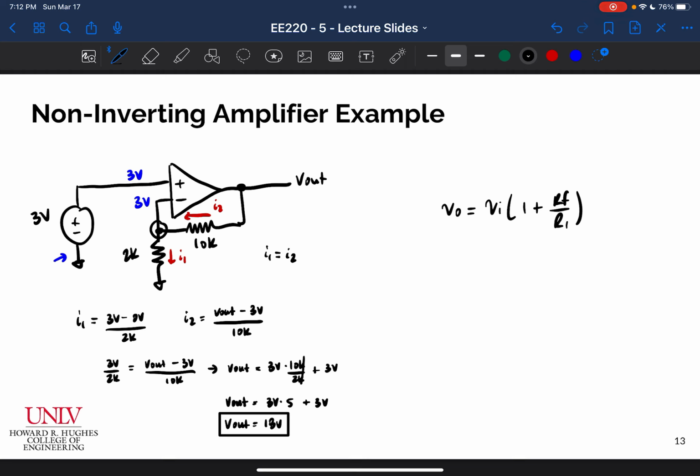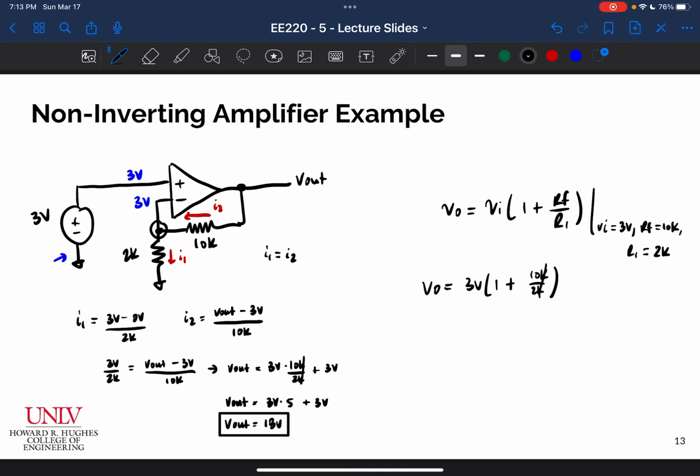I want to evaluate this equation with an input voltage of 3, a feedback resistor RF of 10K, and an R1 of 2K. And I get Vout is equal to 3 volts times 1 plus RF over R1, which is 10K over 2K.